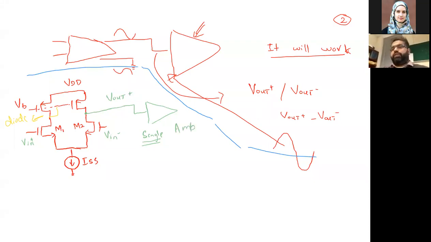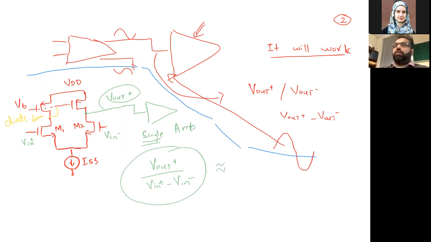If I do this configuration, analysis says, the result says, that ultimately this V out positive divided by V in plus minus V in negative will be equivalent to almost the same gain which we were getting from the previous configuration. We are going to see in a couple of moments how we can figure it out, but that's what happens.